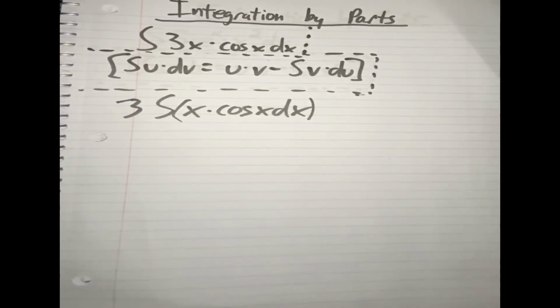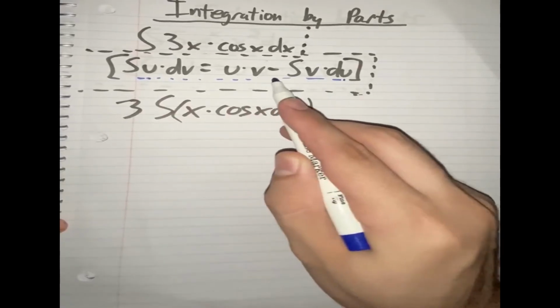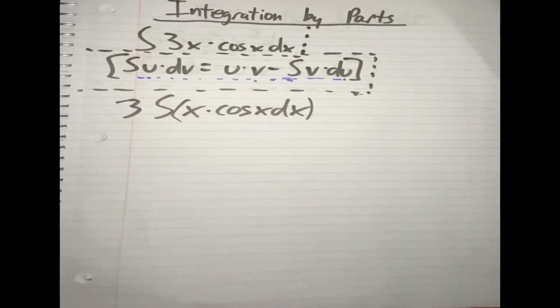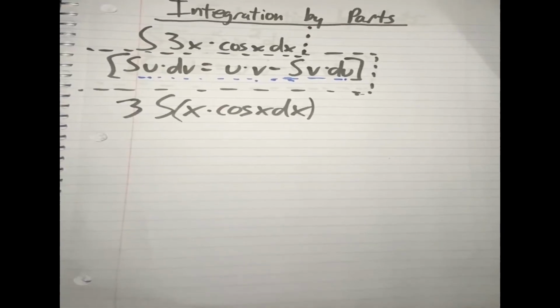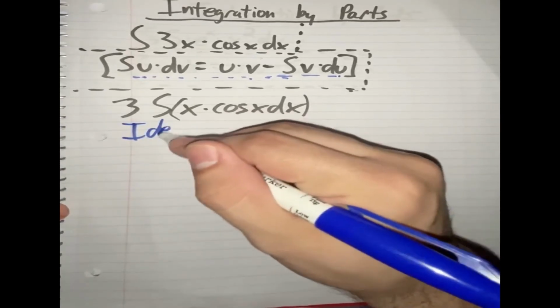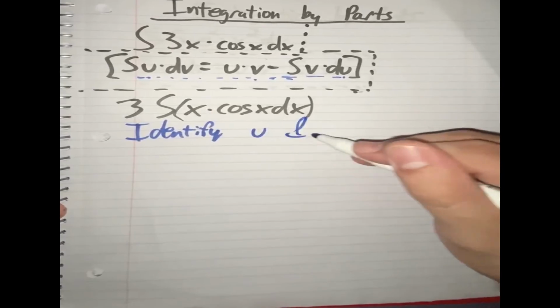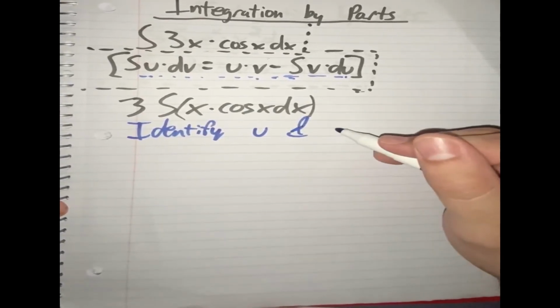Now I want y'all to note this formula right here. The integral of u times dv equals u times v minus the integral of v times du. For this particular problem, the next step is to identify u and dv.